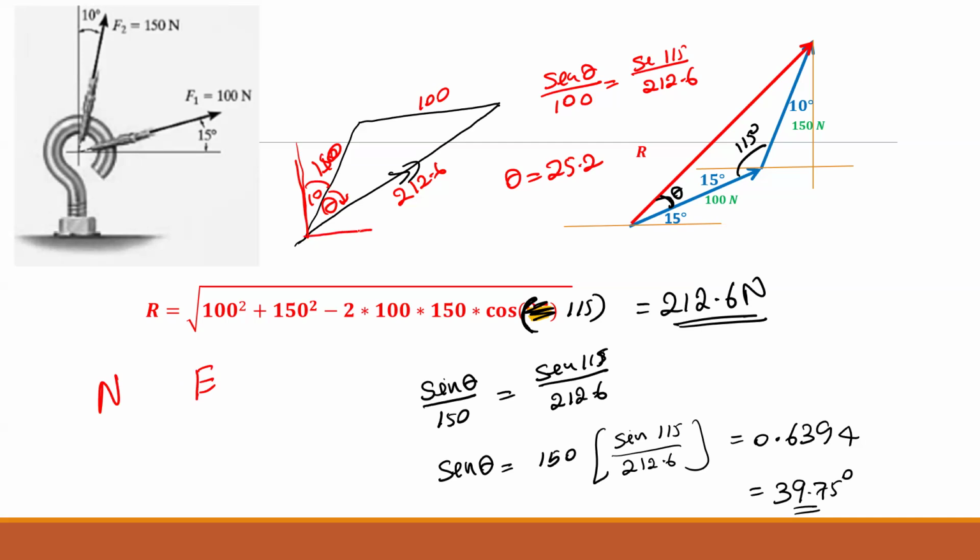Okay, east to north, you need to add 15. So, sorry. So this is east to north. That means this one, you need to find this angle here. Am I right? Yeah. So that should be 90 minus 25.2 plus 10.